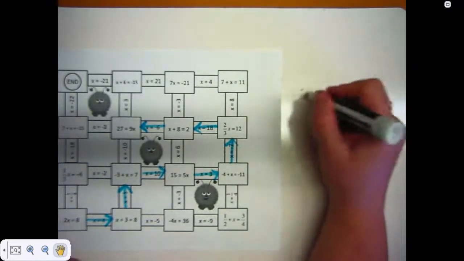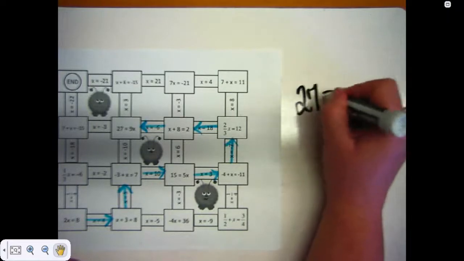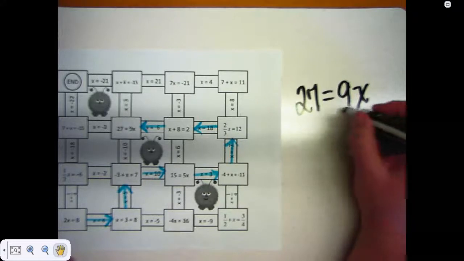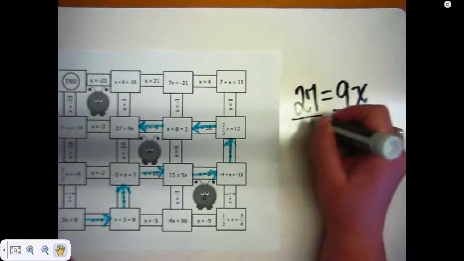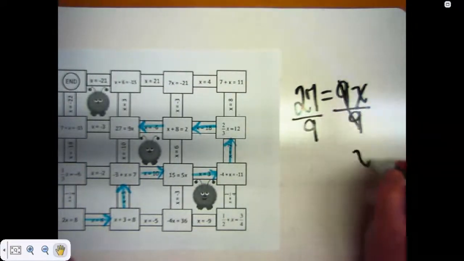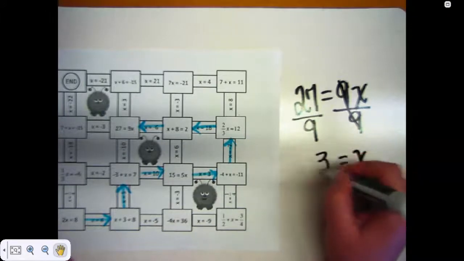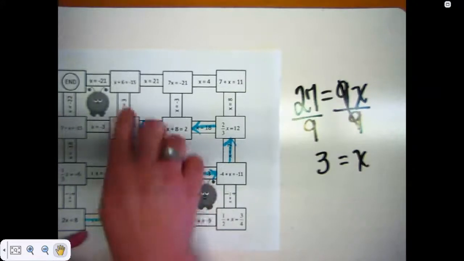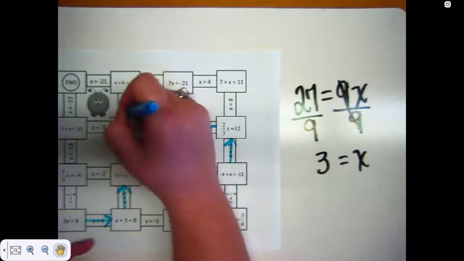27 equals 9x. I need to get the x by itself, so I'm going to divide both sides by 9. X is equal to 3. And it's positive 3, so I'm going to go up to here.